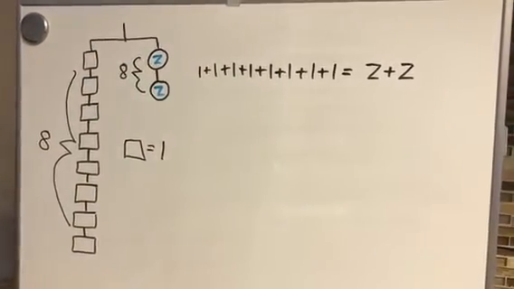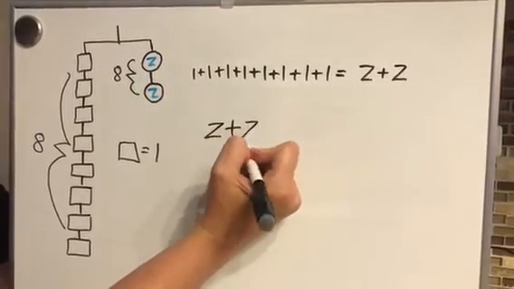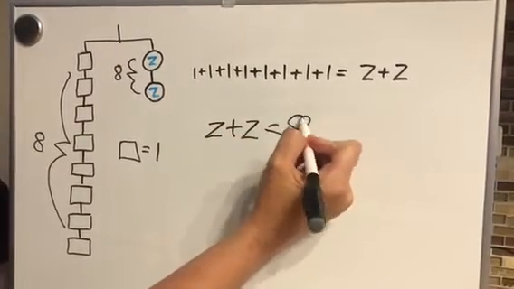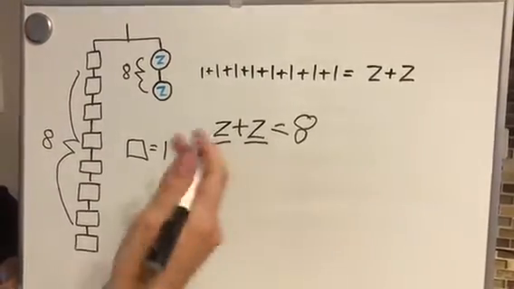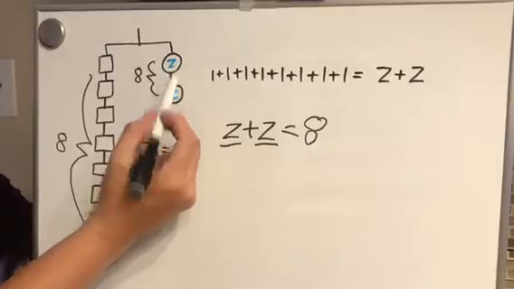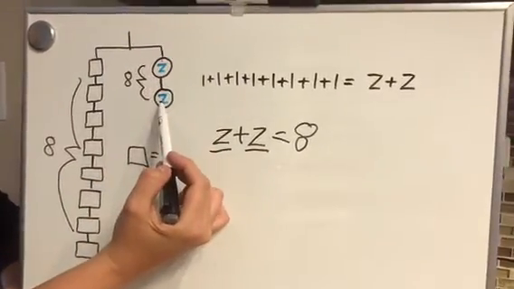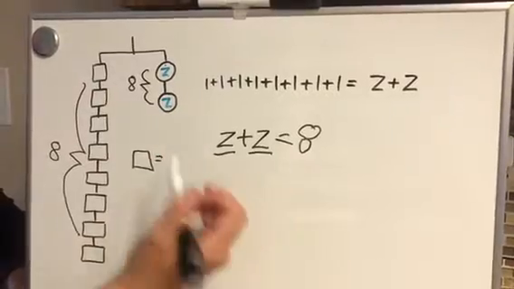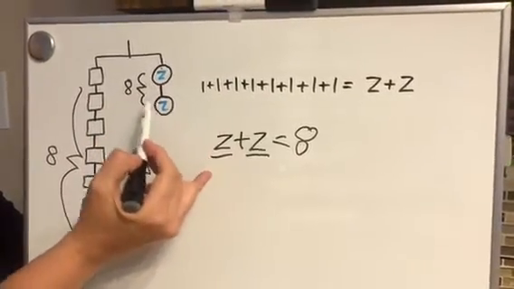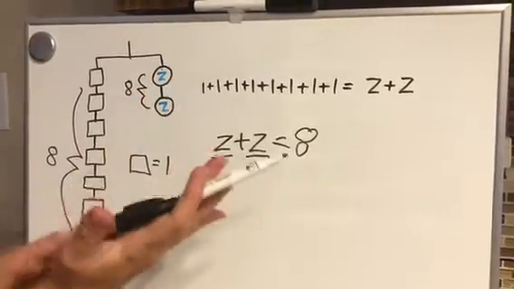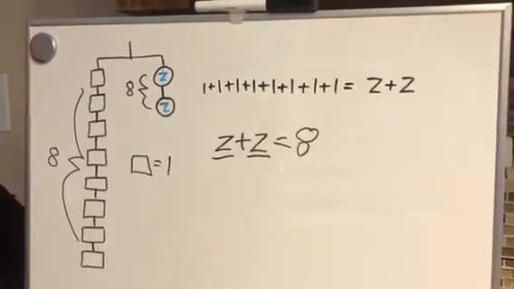So we are going to look at z plus z equals 8. Z equals the same thing. The two z's equal the same thing. You can't say 1 plus 7 equals 8. No, you need to figure out what the same number, added together twice, equals 8.